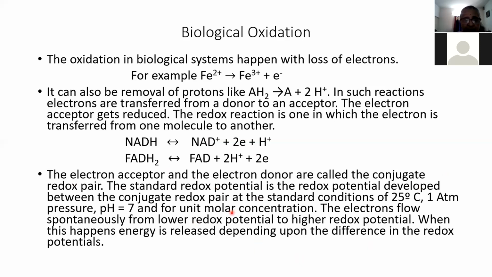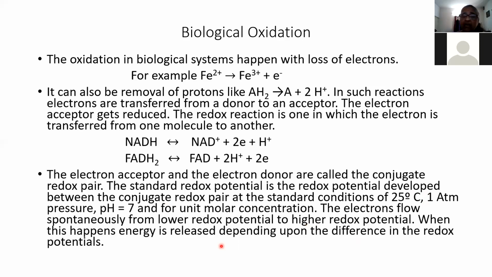Here in biochemical reactions, we add 2 more conditions. One is the pH, which is neutral pH. The other is the concentration, which is the unit molar concentration. And we have seen that electrons flow spontaneously from lower redox potential to higher redox potential. And when the flow happens, energy is released.